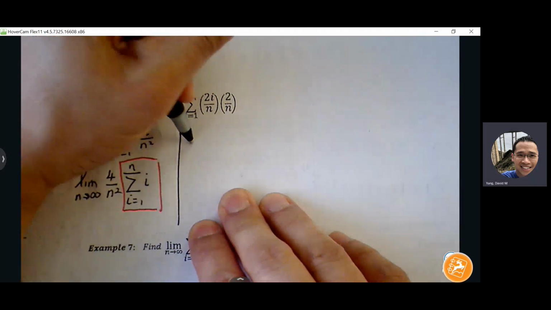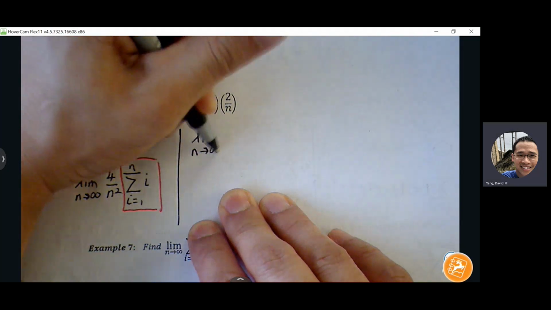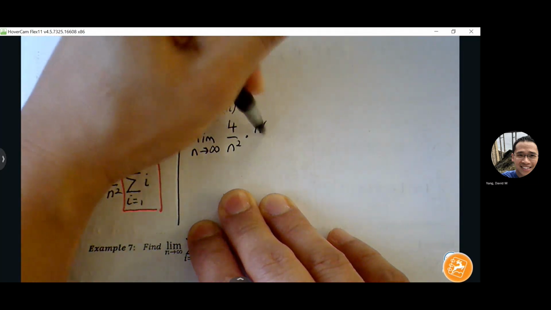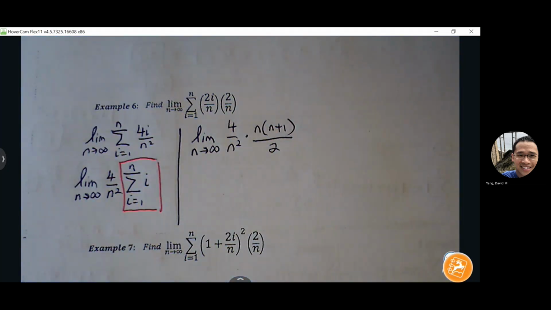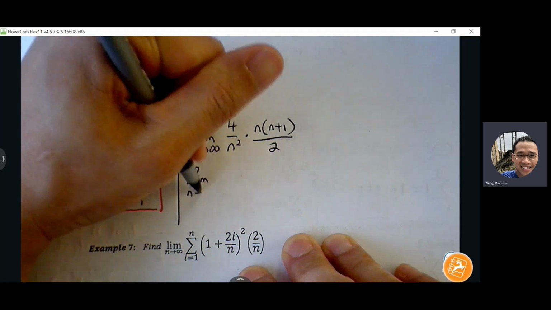And once everything's in terms of n, I can have an easier time evaluating my limit. Everybody okay so far? Okay, let's expand all this out so that we can have a clear picture of what the numerator and denominator are going to look like.